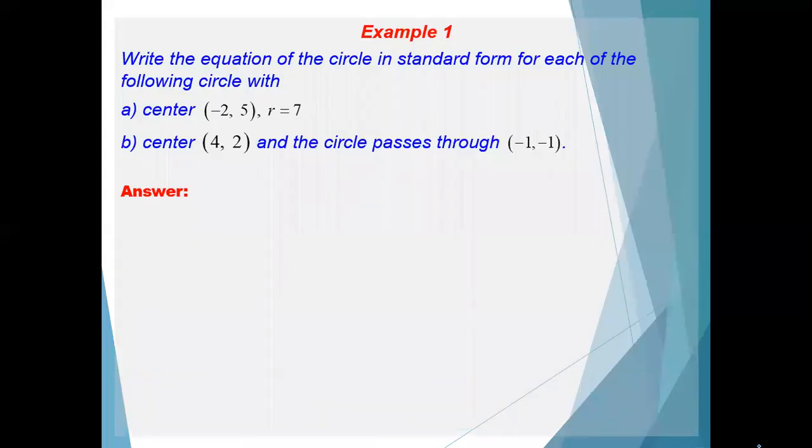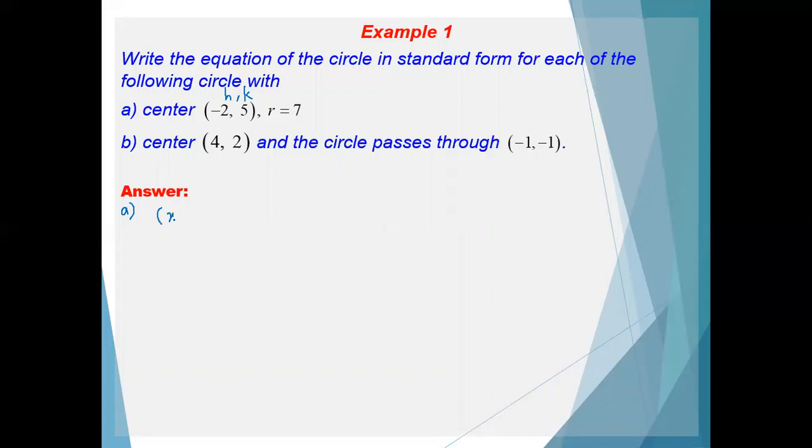Okay, so let's see the example. Write the equations of the circle in the standard form, okay, where the center is at -2, 5 and r is equal to 7. Okay, so let's see the standard form where the center is, kita panggil center dia adalah pada h, k lah.